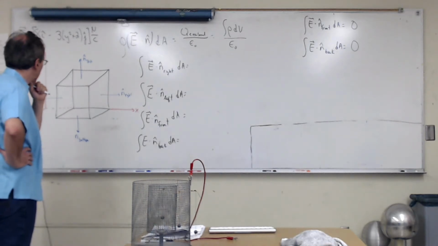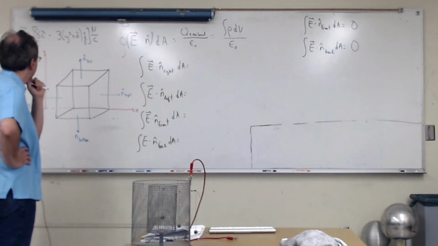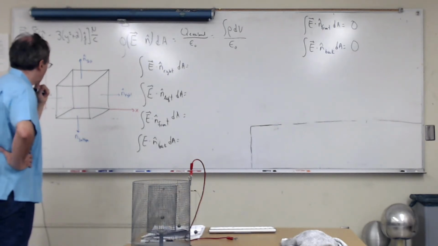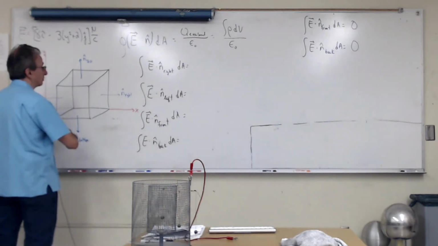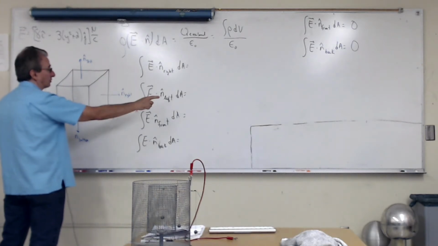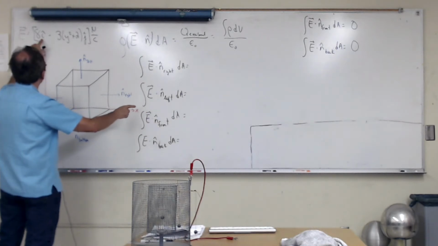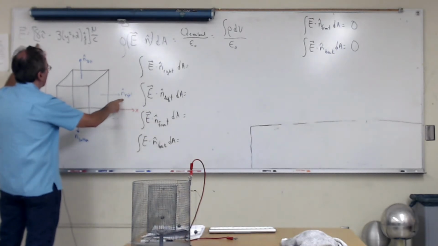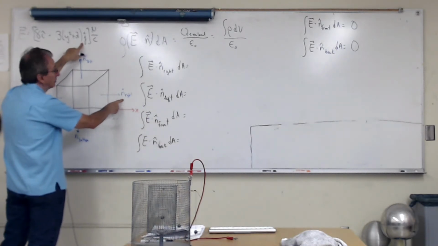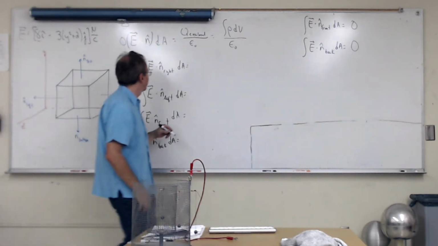Okay, let's do the left and the right side. Let's do the right side first. The right side points in the i hat direction. If I take the dot product of i hat with this, what do I get? Well, i dot j is 0, and i dot i is 1.